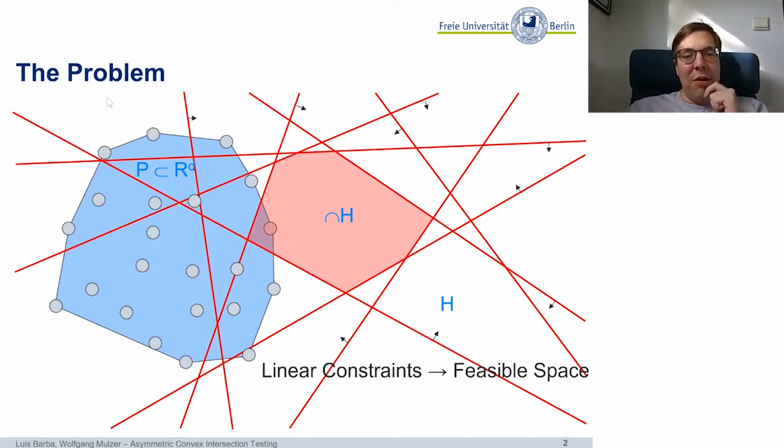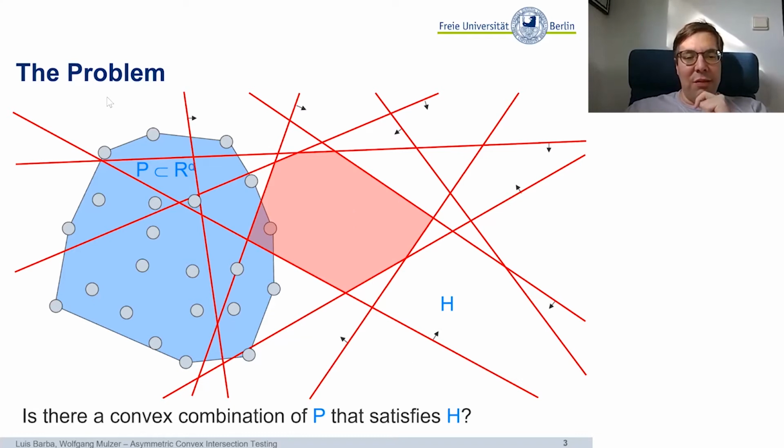And then the question is whether there exists in our sample space a feasible point, a point that is contained in the feasible space. So what we want to know is, does there exist a convex combination of the points from our sample space that satisfies all the constraints, that lies in the feasible space?